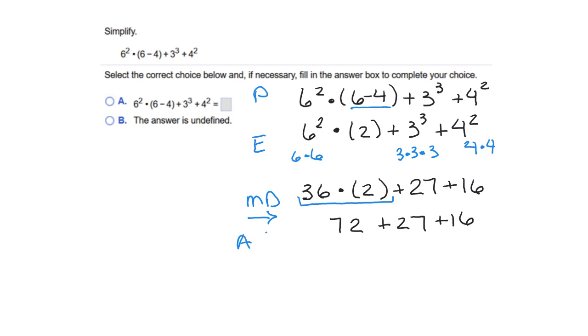Lastly, we do our adding and subtracting from left to right. And I'm just going to add these first two together. Again, you can do all of it at one time if you want to line it up vertically and do your addition that way. So this will give you 99 plus 16. And then when you repeat the adding and subtracting from left to right, you should get 115 as your final answer.